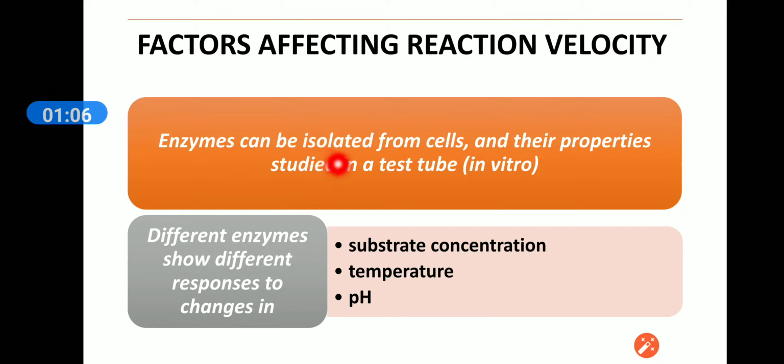Enzymes can be isolated from the cells and their properties studied in test tubes, meaning in vitro. Different enzymes show different responses to changes in substrate concentration, temperature and pH. So these are three factors described in your books on which basis we will check the reaction velocity.